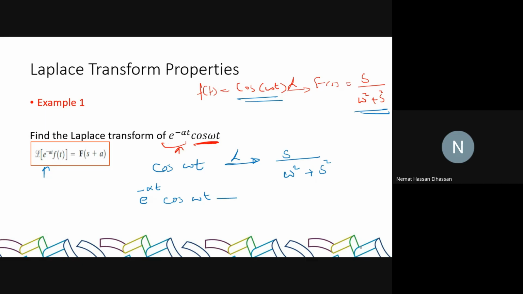Then the Laplace transform in this case will be F(s + a), which means replace every s by s + a. It will be (s + α) divided by ω squared plus (s + α) squared, where α is our factor. Make sense?